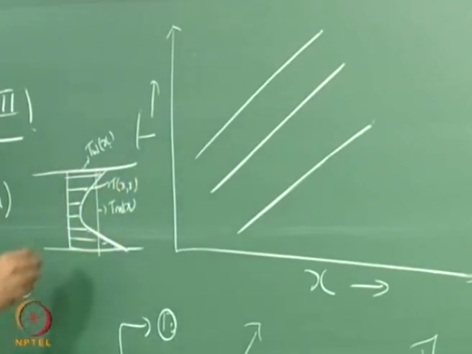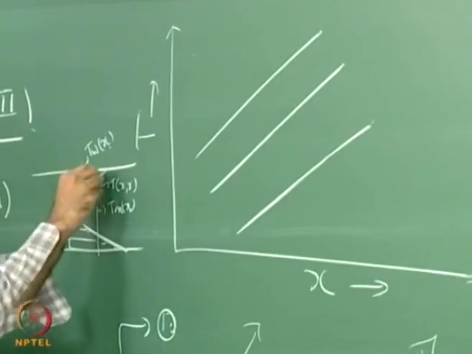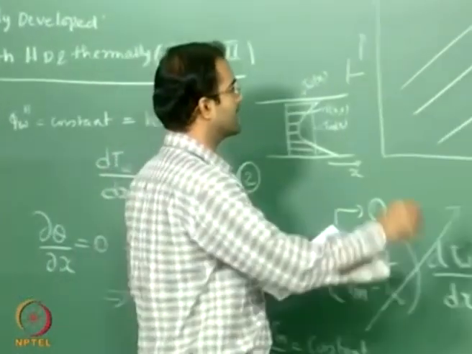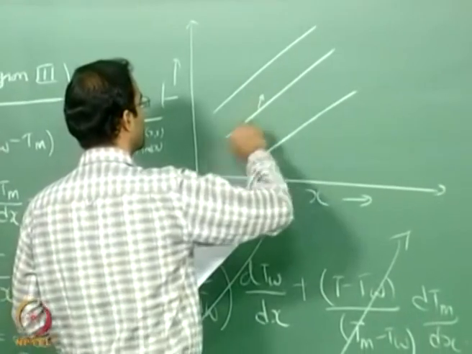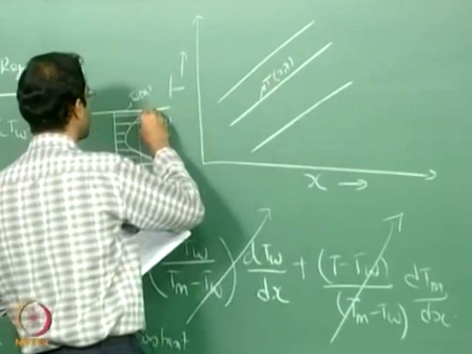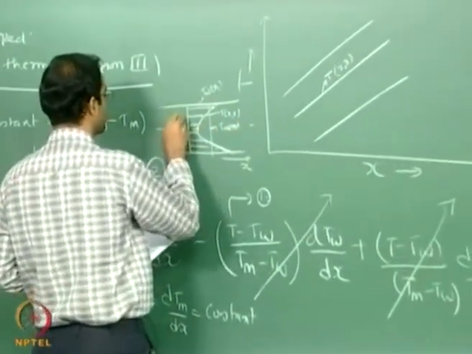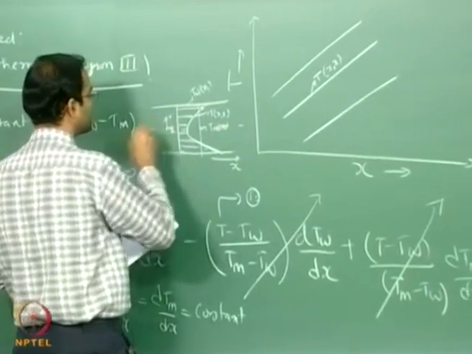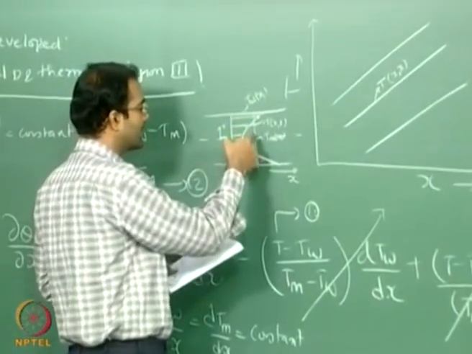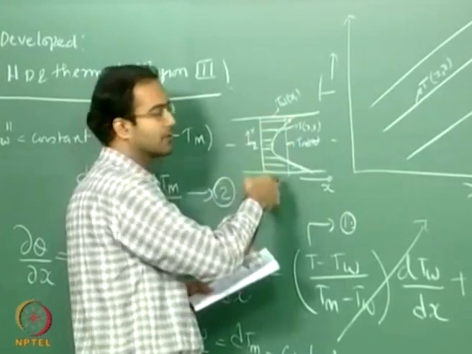If you plot your local temperature along the axial direction, you can say that this follows a linear profile like this, maybe at some radial location. Okay, so this is the center, and the mean profile will be slightly lower than the temperature at this particular radial location.